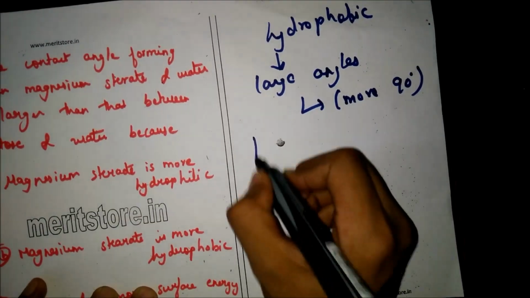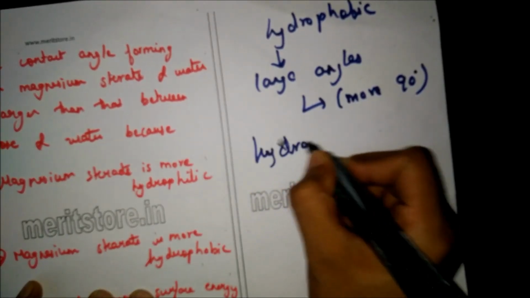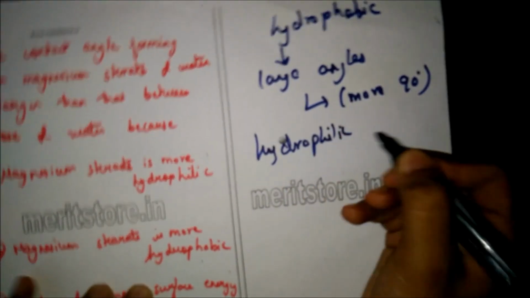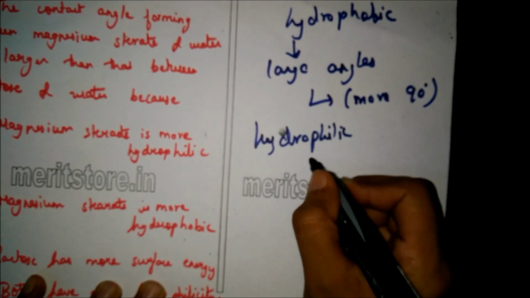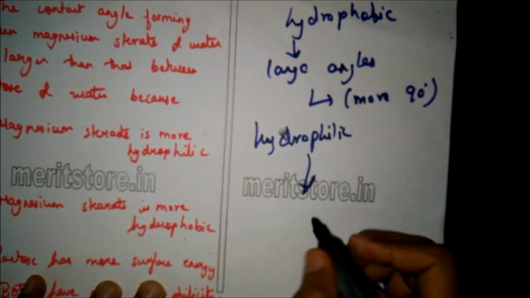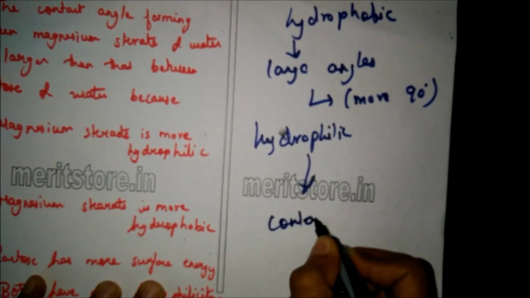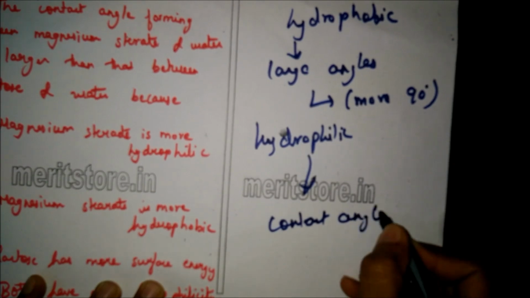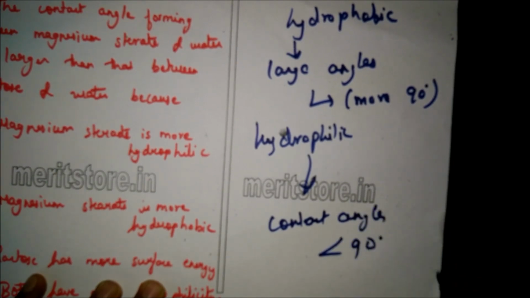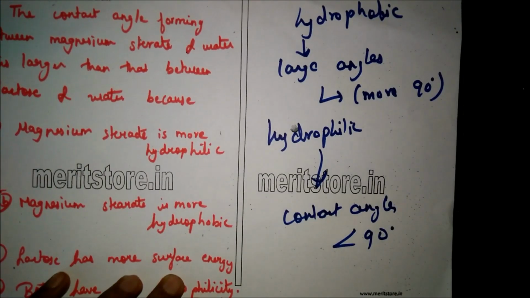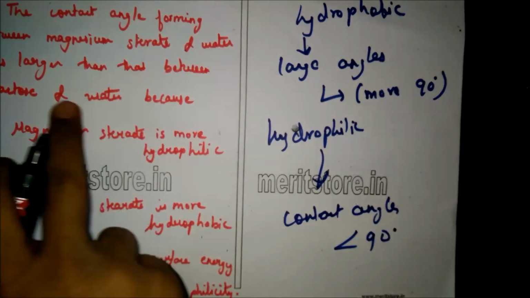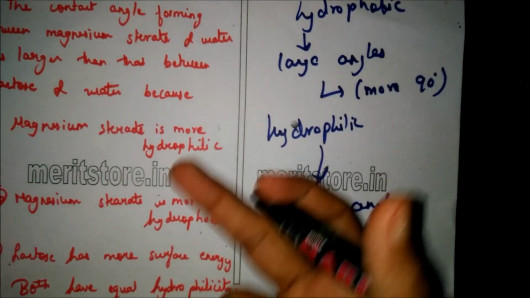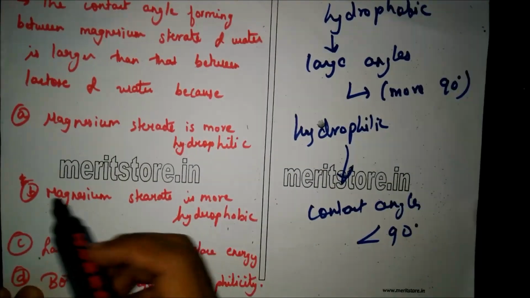Hydrophilic materials tend to form contact angles which are less than 90 degrees. So here, the contact angle of magnesium stearate is larger because magnesium stearate is more hydrophobic. Therefore, the correct answer is option B.